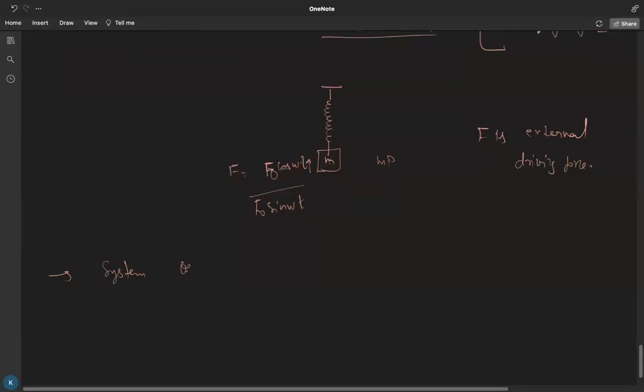The system oscillates with the frequency of the external force. And the second thing is that the amplitude is constant. So in forced oscillation we have a constant amplitude and a continuous external force acting on the system, also called the driving force, right?